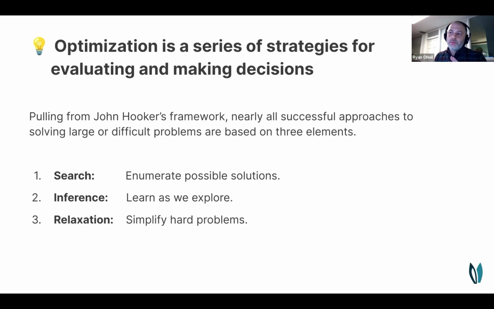So if you are familiar with the hybrid optimization community, you've probably come across the name John Hooker. He has a wonderful book out called Integrated Methods for Optimization. What he has done is really look at different technologies that have been applied to solving hard optimization problems, such as mixed integer programming, constraint programming, global search and heuristics, and so on, and found that there are key elements or strategies that can often be abstracted.